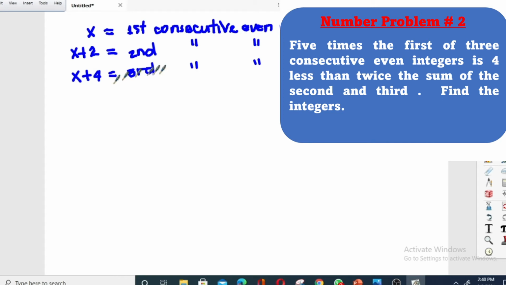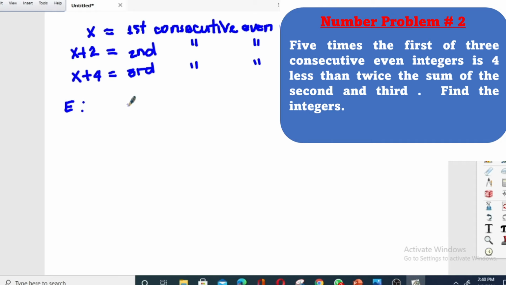Now, based on the given problem, these are the names and variables, which are already done. Let us now get the equation. We will translate the English phrase into an algebraic expression.